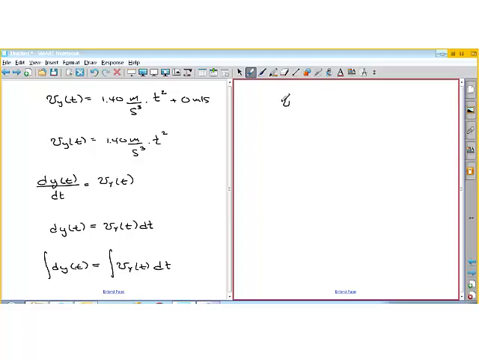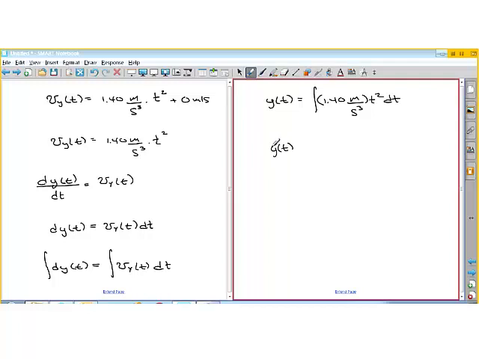So when you integrate that, you get y of t equals the integral of v sub y of t, which is 1.40 meters per second cubed times t squared, times dt.